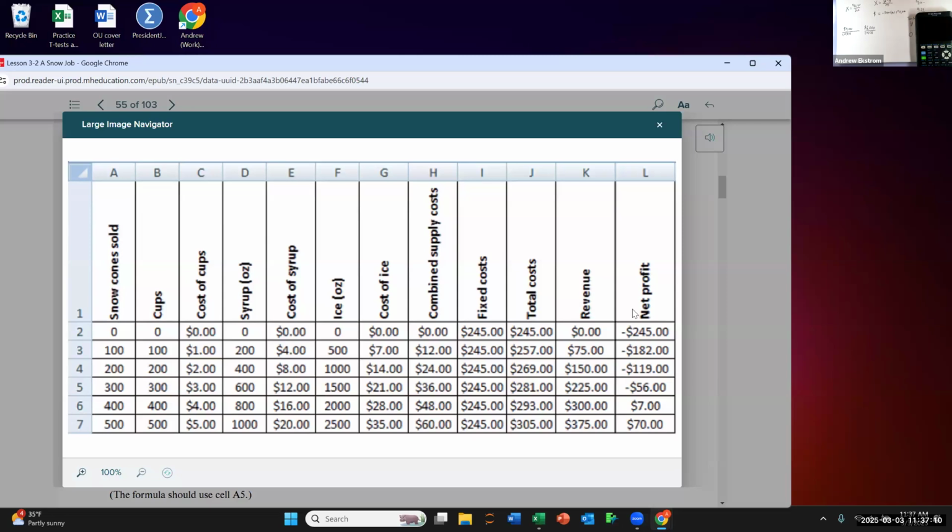We know that the net profit is going to equal, and you can see here, revenue is $75 per 100 cones. So that means the slope is going to be 75 divided by 100, so 0.75 times X minus 245 because that's a fixed cost.